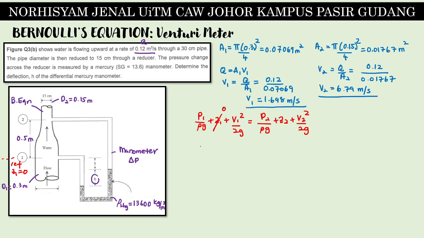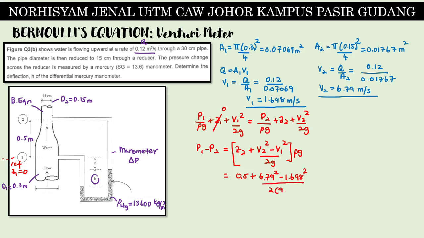Again, we rearrange it so that we will get the answer in terms of P1 and P2. So P1 minus P2 is equal to Z2 plus V2 square minus V1 square divided by 2G, and then everything over here is multiplied by rho G. So equals to 0.5 plus 6.79 square minus 1.698 square divided by 2 times 9.81.